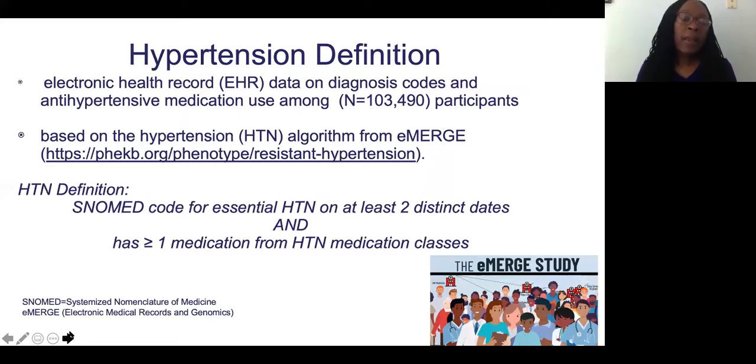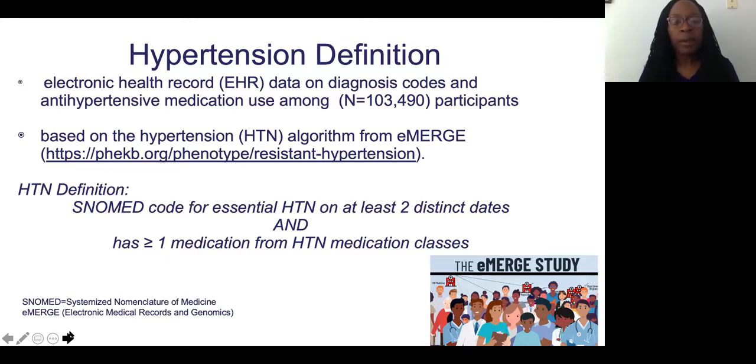And within the Workbench, we identified 103,490 participants that had electronic health record data with diagnostic codes for hypertension and antihypertensive medication use. And this was based on the hypertension algorithm from eMERGE, which is an electronic medical record project where they have developed algorithms to identify different diseases: hypertension, colorectal cancer, depression.